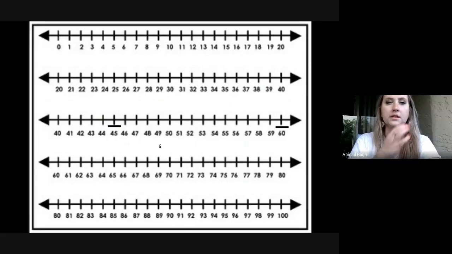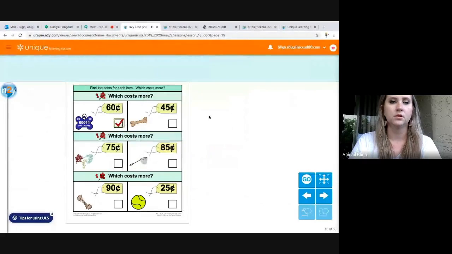The way that I'm going to tell which number is bigger is I'm going to look at which number is closer to 100. So on my number line, which number is closer? 60 is closer, so that means 60 is bigger. We got it right.